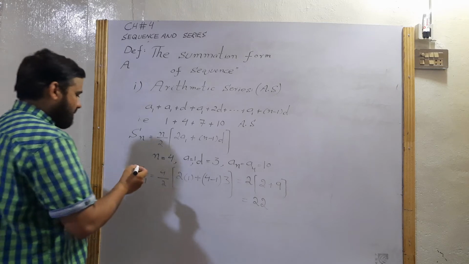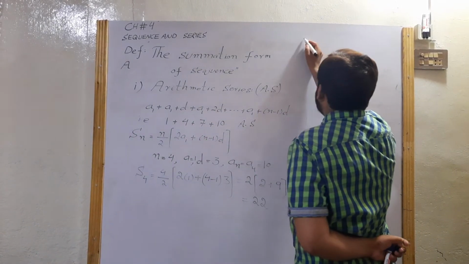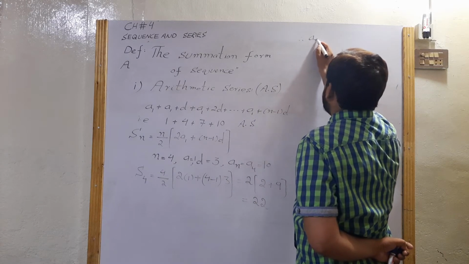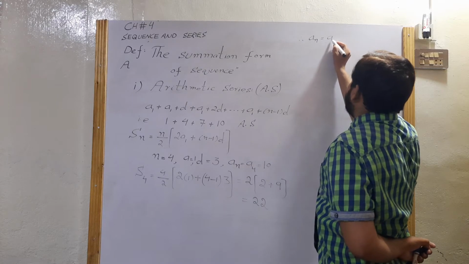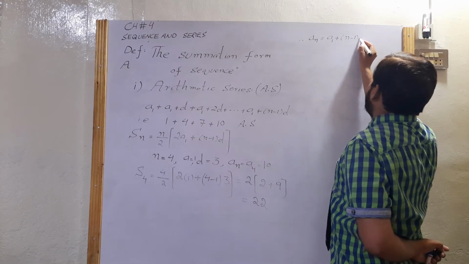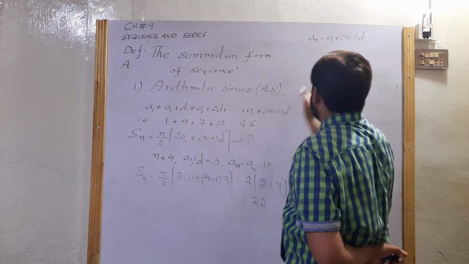Here is another formula to find the sum in case of arithmetic series. We have the result already. The general term in case of an arithmetic sequence is an equals a1 plus (n minus 1) into d. Say this is equation number 1.